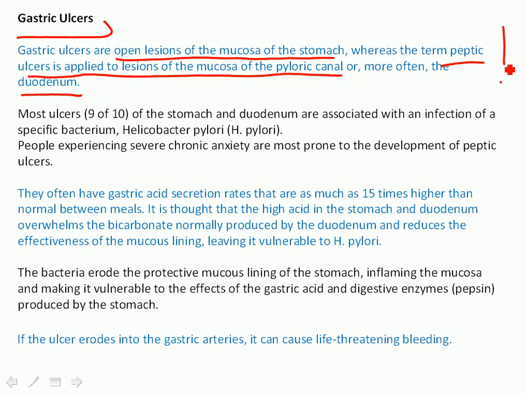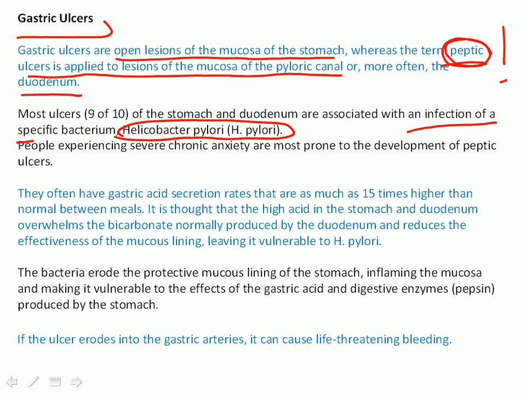Most ulcers, 90% of ulcers of the stomach and duodenum, are associated with infection. And that is why a Nobel Prize was given to researchers for identifying the bacterium Helicobacter pylori, which appears to be one of the major causes of peptic ulcers located in the stomach and duodenum.